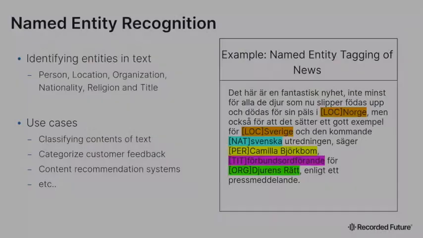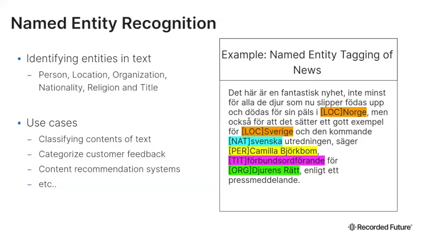Yes. So our first project was named entity recognition. As many of you might know, this is a task that identifies named entities in text automatically and classifies them into predefined categories. In our case, person, location, organization, nationality, religion, and title.